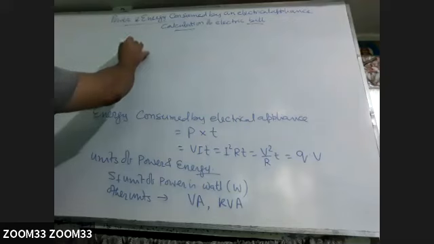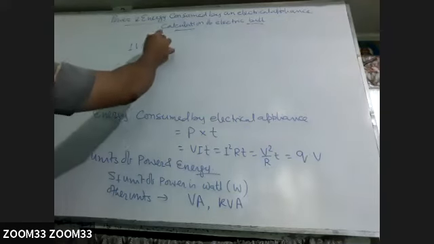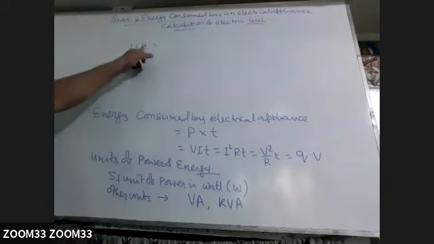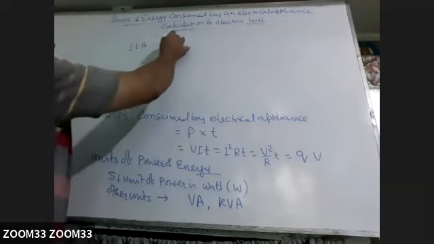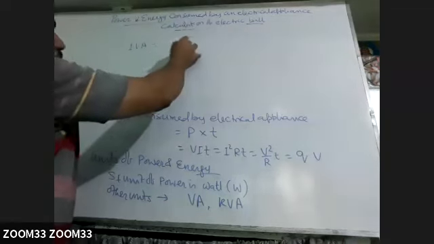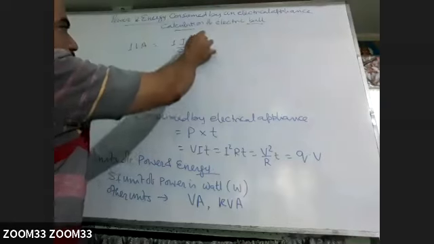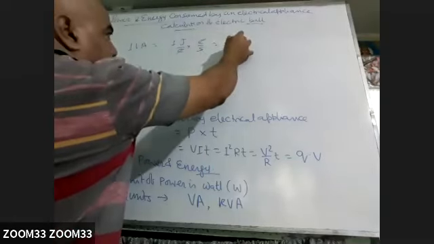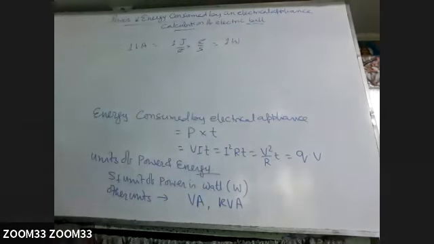So this one VA: voltage is joule per coulomb, ampere is coulomb per second. This is 1 joule per coulomb and this is coulomb per second. So that is watt. So volt ampere and watt are numerically the same.